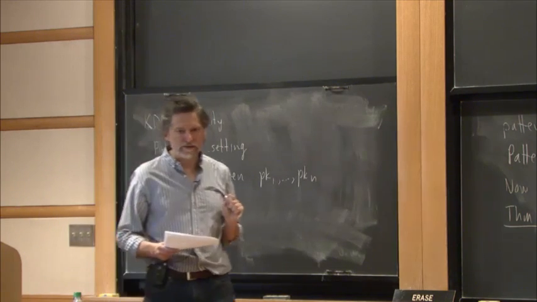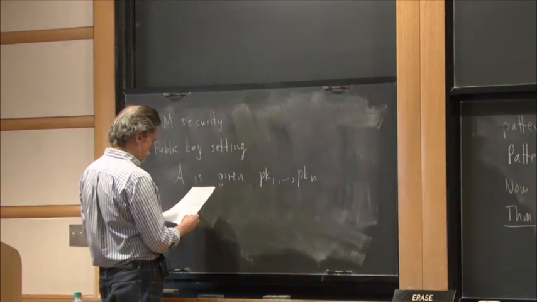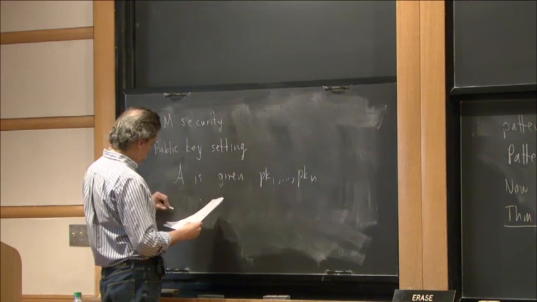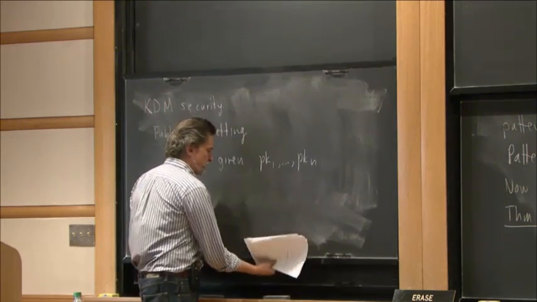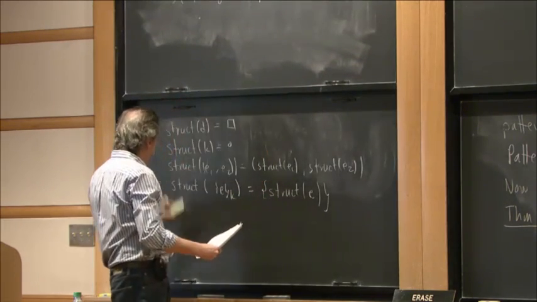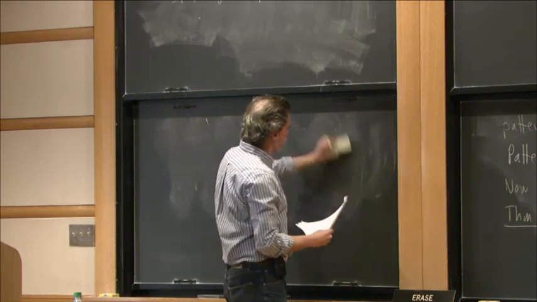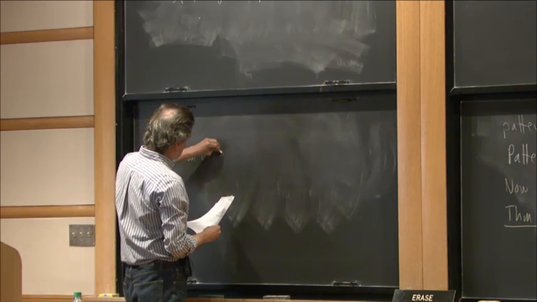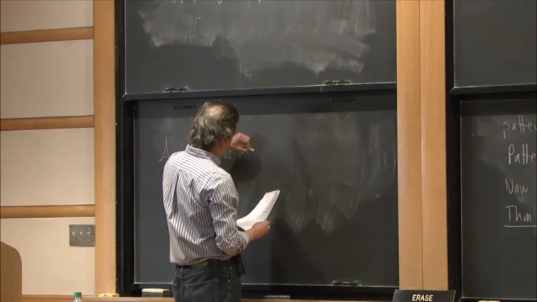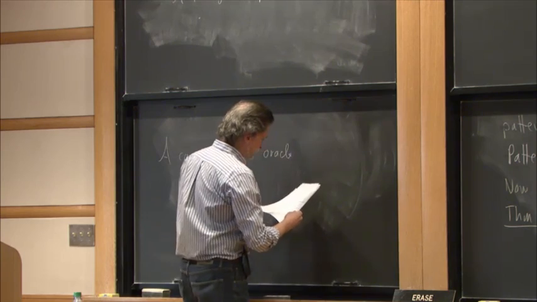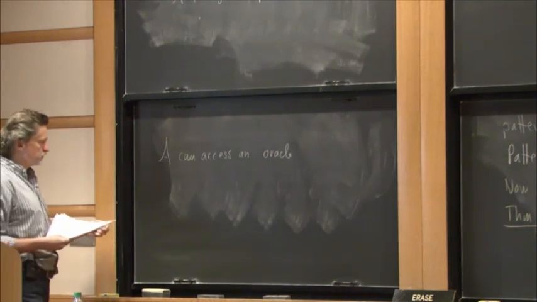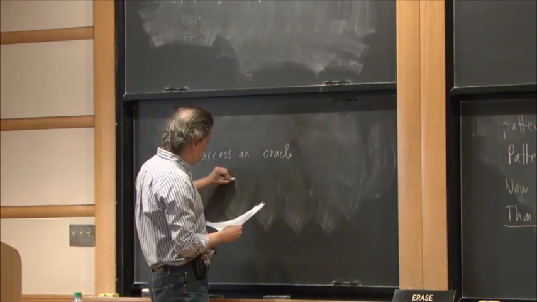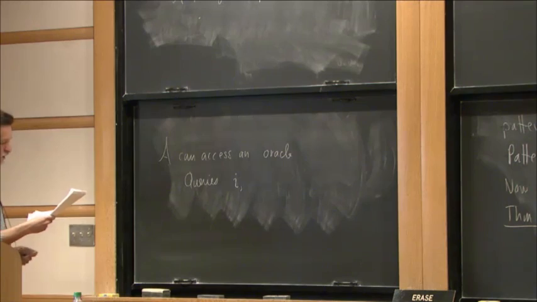Now, the adversary is going to have access to an oracle. And so the queries have the form an index I and then some function g.